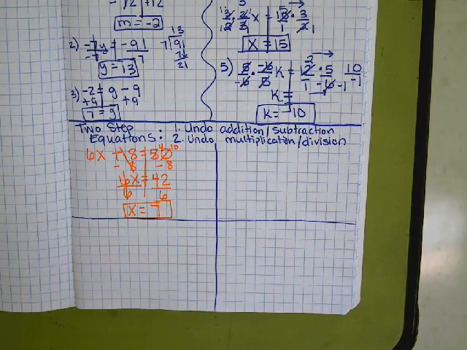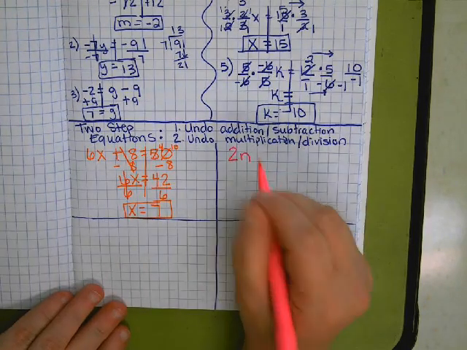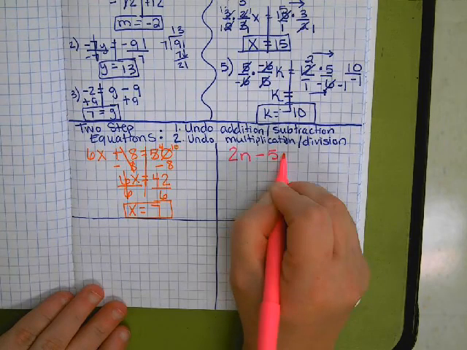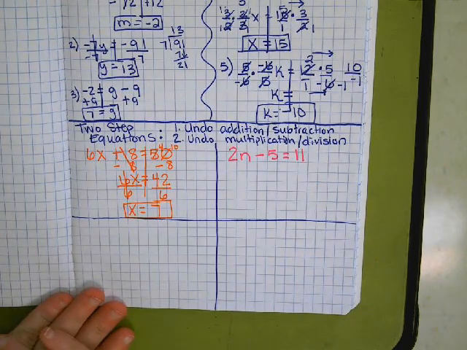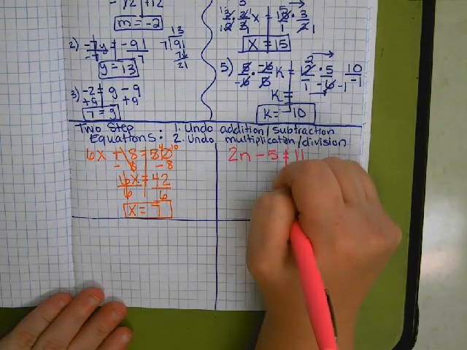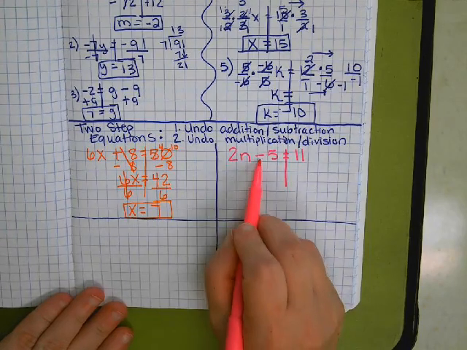All right, let's try our next problem. 2n minus 5 equals 11. I draw my line. We undo addition or subtraction first, so I have a minus 5.